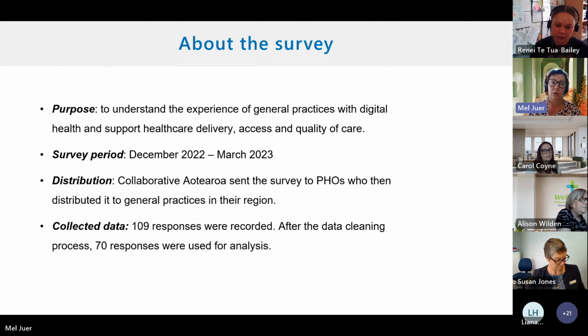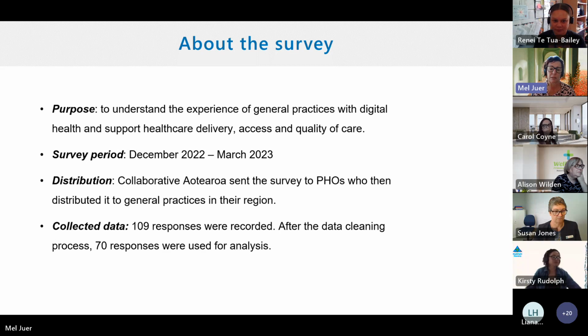Anecdotally, we knew that there were practices who previously had had things like clinical triage for same-day requests as a consistent offering and were doing well with proactive care, scheduling protected time, but the additional demands of COVID had pushed them back into only just managing same day, or possibly not even managing same day. So we were interested to know how much of that exists and what we can do to support moving forward again.